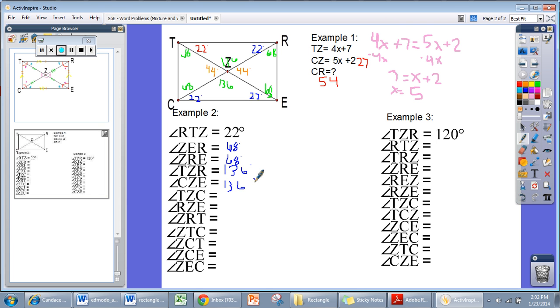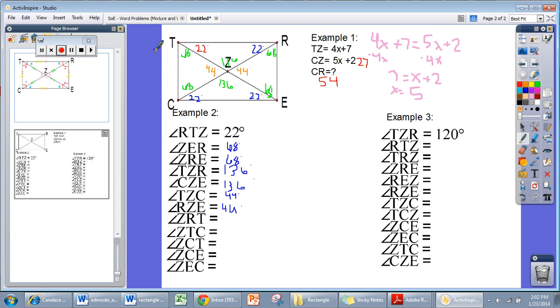TZC is 44. RZE, 44. I think this is the hardest part for me, writing this down with the pen.